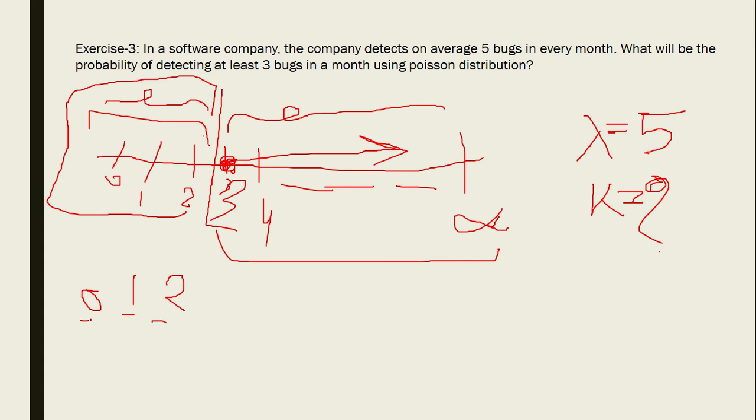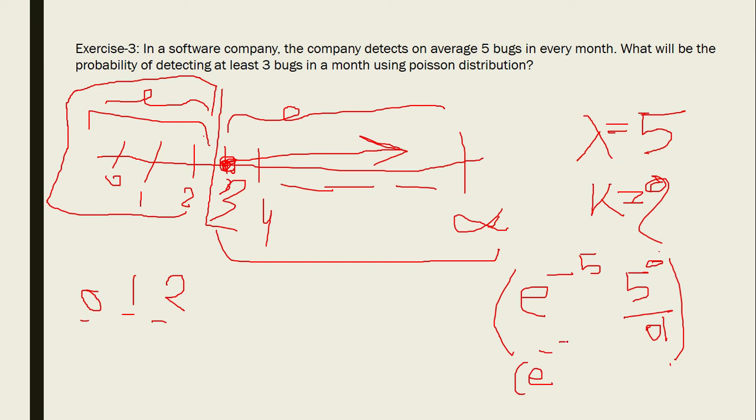Let's assume this is e to the power minus 5, 5 to the power 0 by 0 factorial. Then same, there will be e to the power minus 5, 5 to the power 1 into 1 factorial.